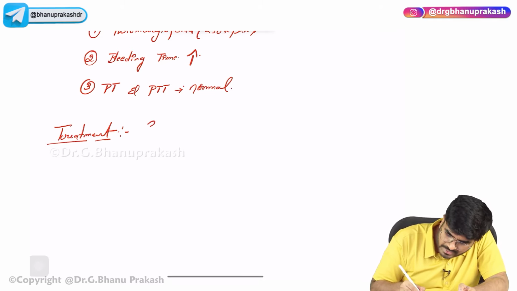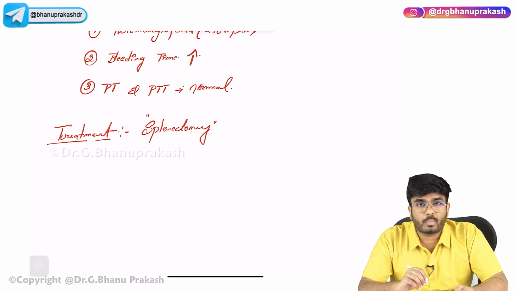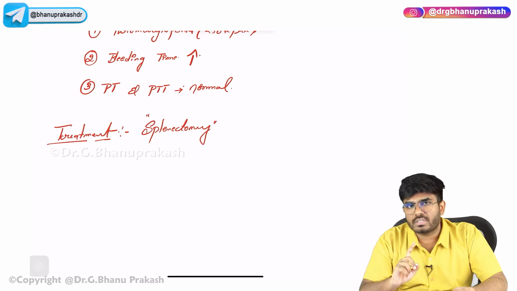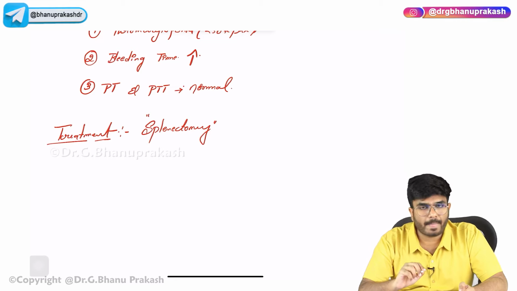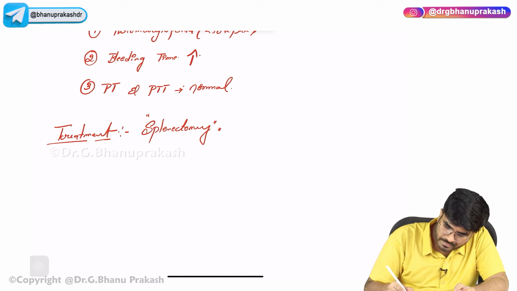So we have to remove the spleen, a splenectomy. Splenectomy is done for immune thrombocytopenic purpura, and as we discussed in the RBC disorders, it is also done for hereditary spherocytosis. You can also give platelet transfusions.